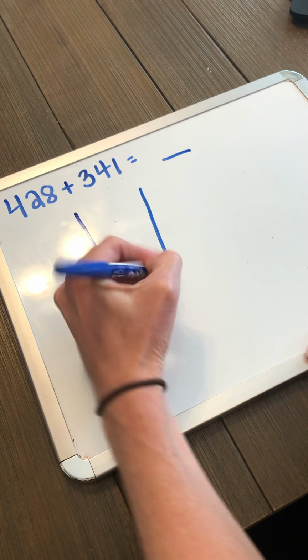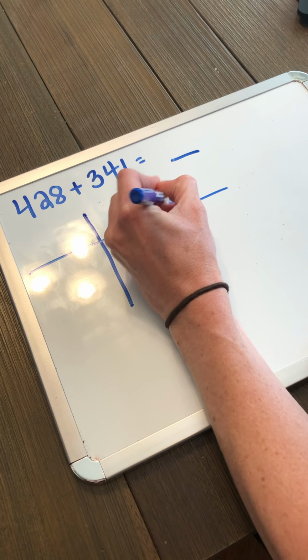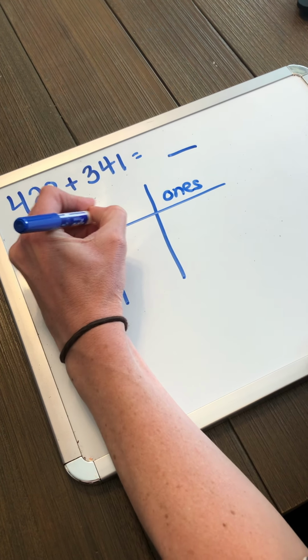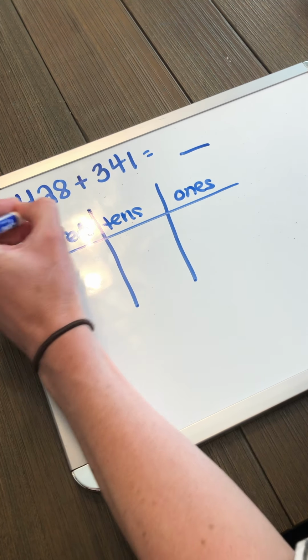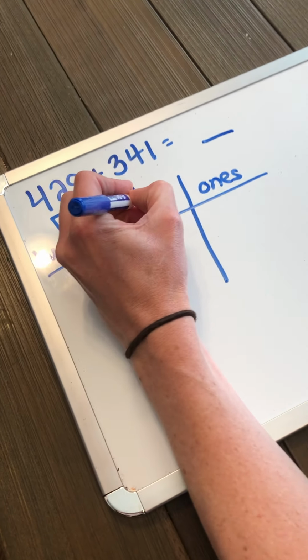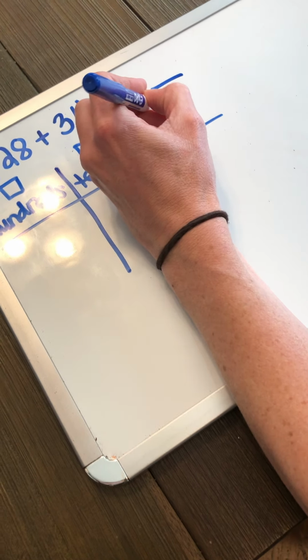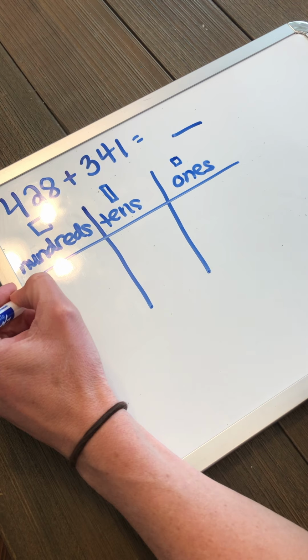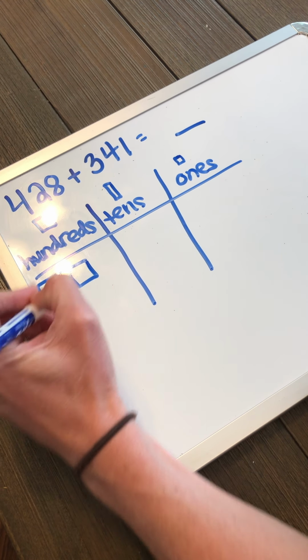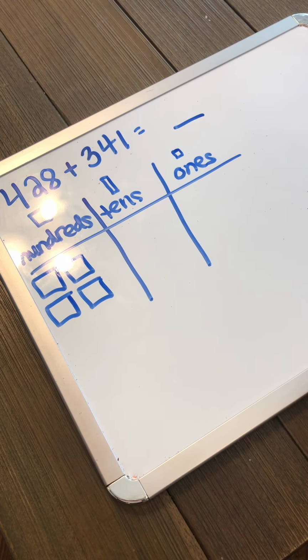So again, if I want to do it drawings, I'm going to represent with my place value chart, ones, tens, and hundreds. I know that my hundreds are my flat, my tens are my rod, and my ones are my units. So for 428, I've got 400 represented.